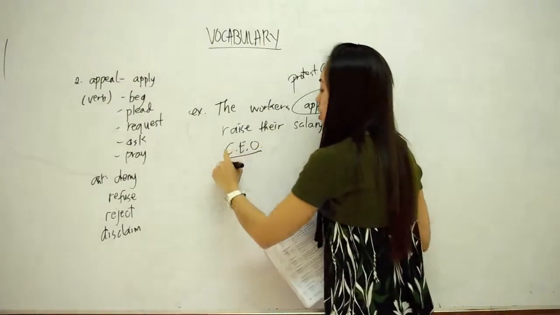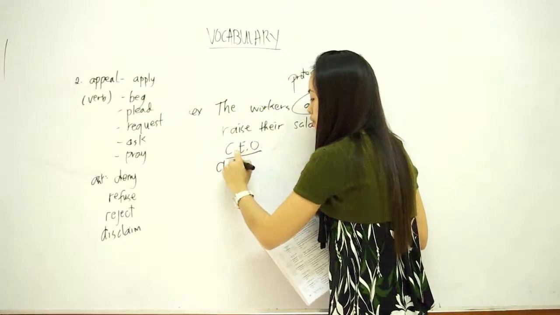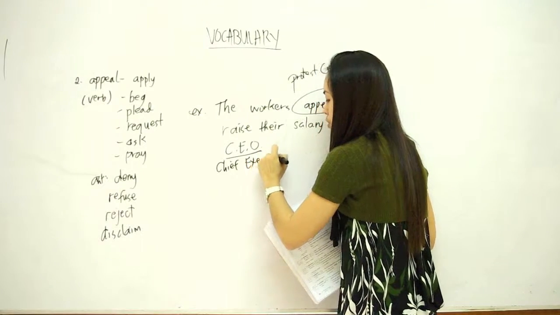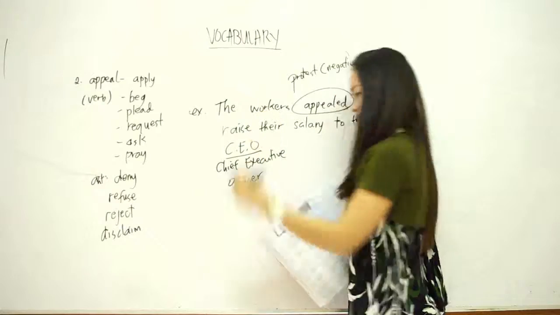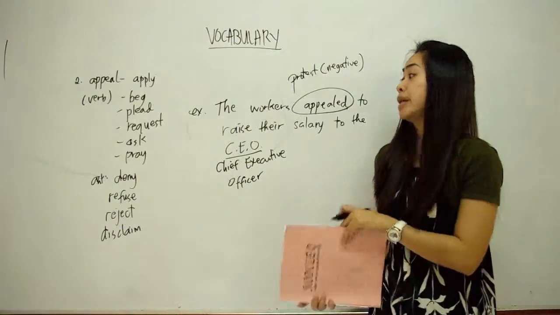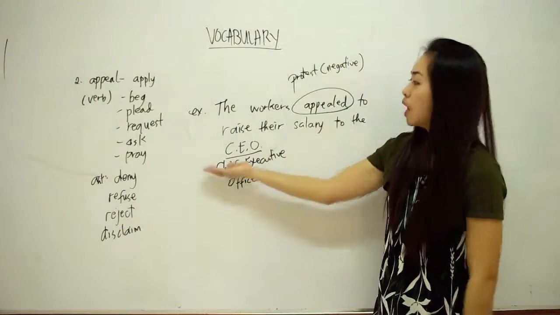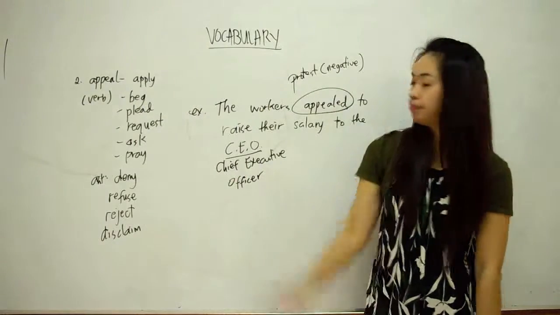When we say the word CEO, we call that the Chief Executive Officer, meaning the big boss or the president of a company. So that's what we mean by the word appeal.